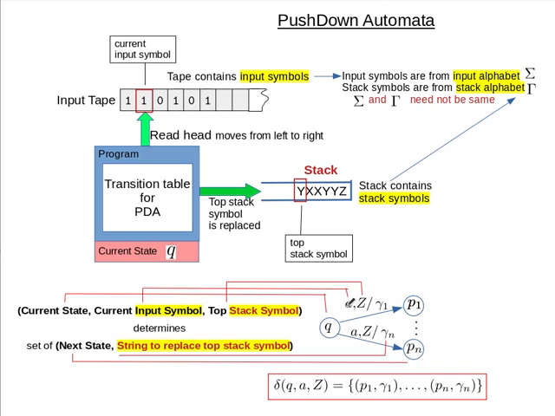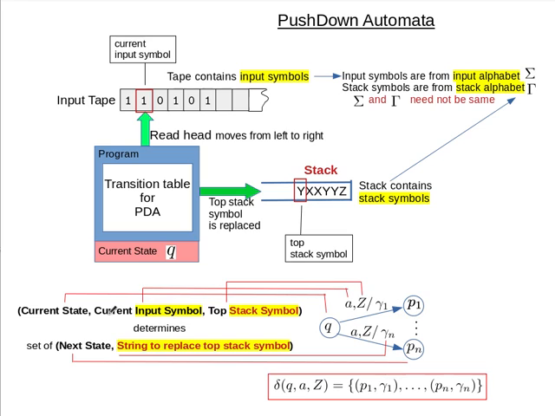Now depending on this Q and A, you made the transition for finite automata, but here it will also depend on the top stack symbol, because depending on this you decide how to replace this string, right? And also depending on this you decide which state to move on to in the next time step.